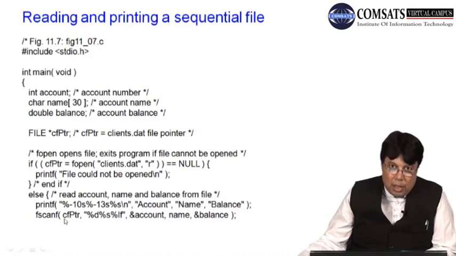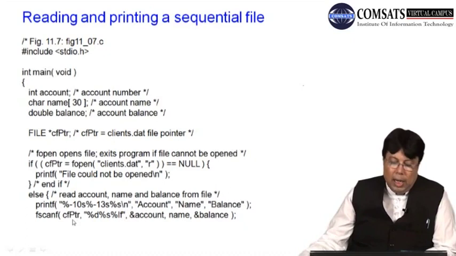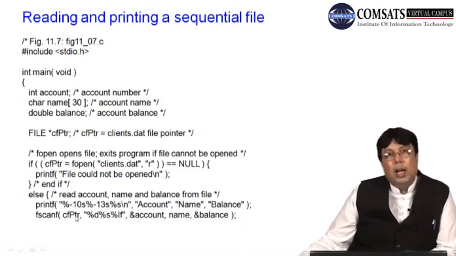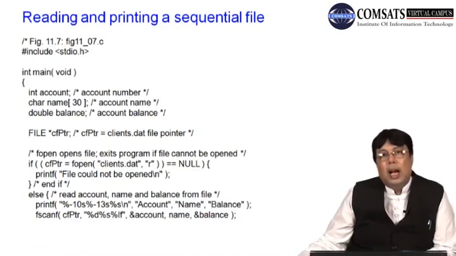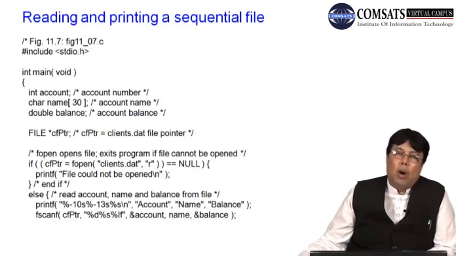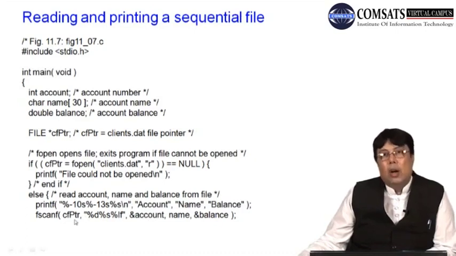You are providing the file descriptor here, and this file descriptor knows the address of your file in the file allocation table, and it also knows, with the help of the operating system, the current position of reading the file. So if you have already read 40-50 records and the 50th record we have just read, it will be indicating the next byte, that should mean the starting of record number 51.